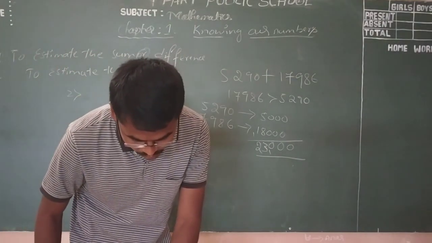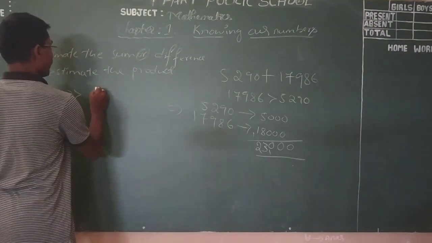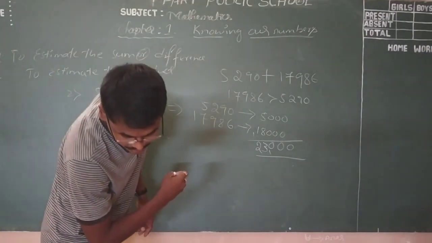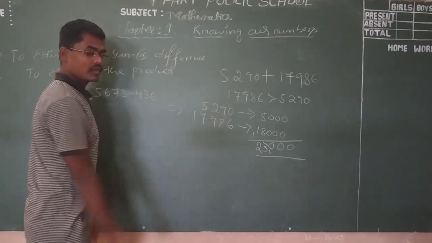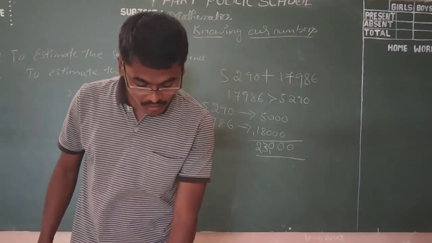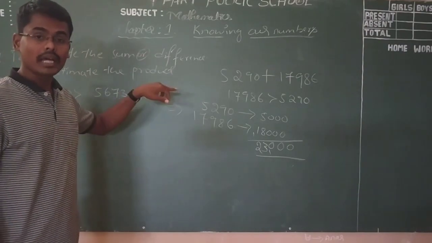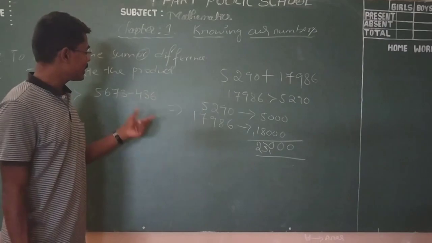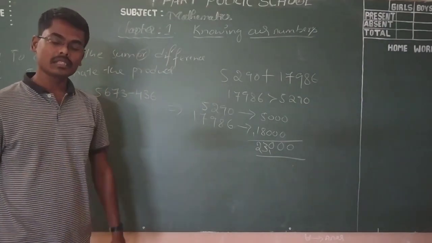Estimate 5,673 minus 436. Estimate 5,673 and 436 to the nearest thousands. Again they have given nearest thousands, so you are going to round off the given numbers to the nearest thousands.